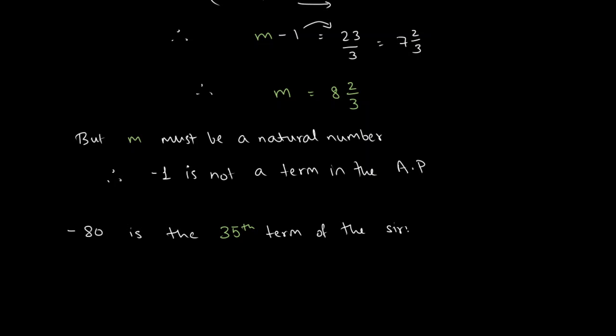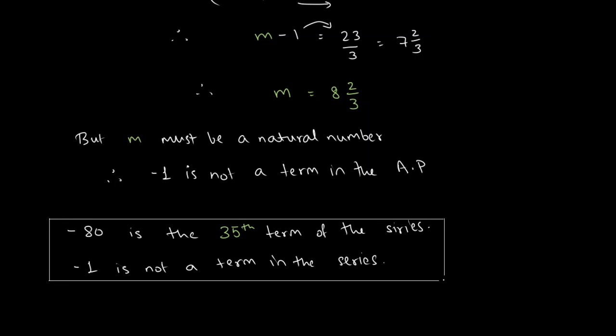That's the answer to the first part. And the second part was asking, is minus 1 a term of the series? And the answer to that is minus 1 is not a term in the series, because we got the value of its position to be a fraction, which should always be a natural number, remember? And so this is our final answer.